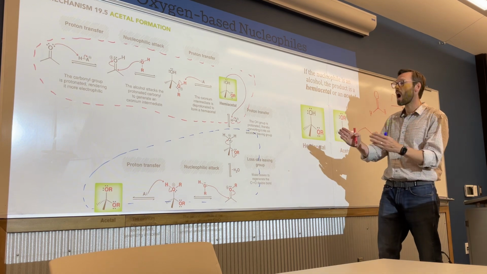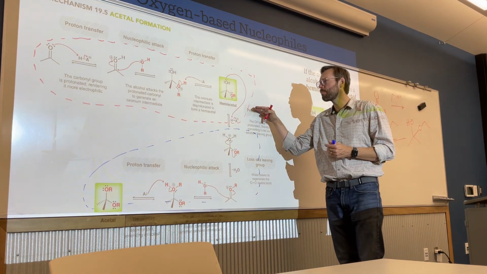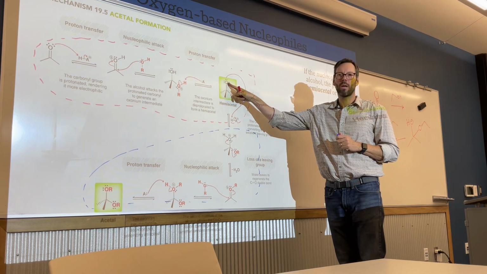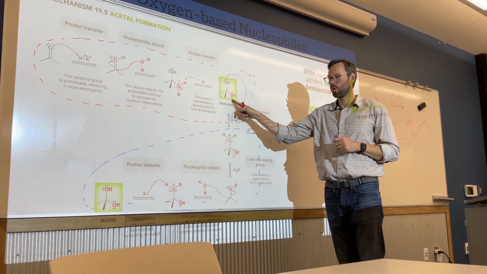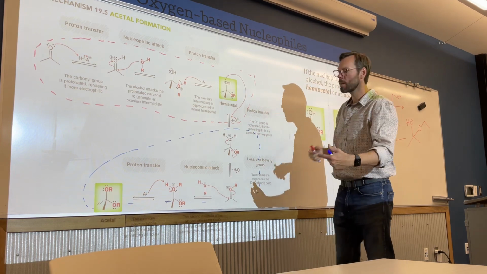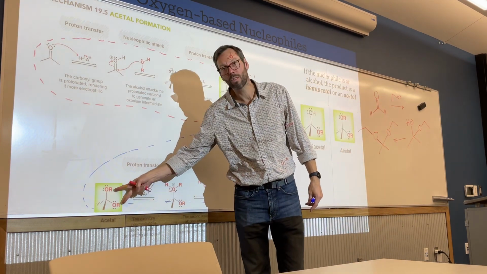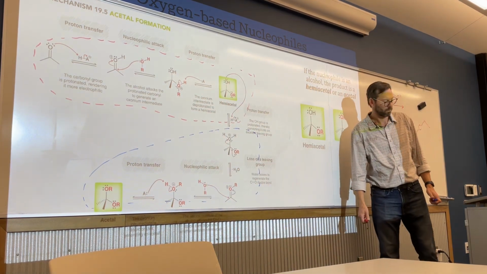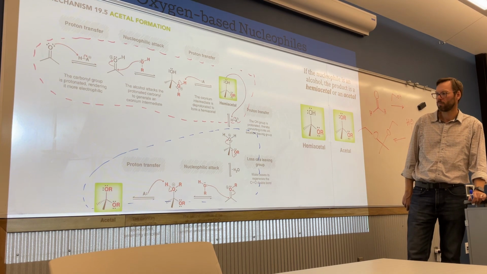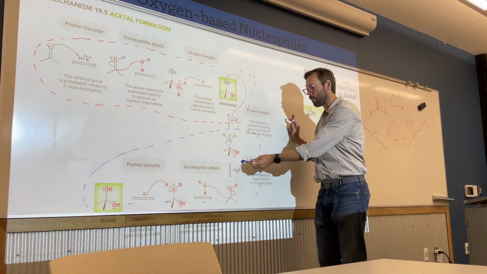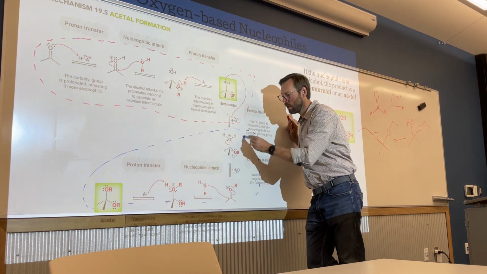So if we stop at the addition step, hemiacetal. One alcohol group, one ether group. If we continue it further and we do that substitution, now we have an acetal with two ether groups. And so, what is the fork in the road that determines whether it stops there or keeps going? It's how much alcohol you have, the ratio, your molar ratio.